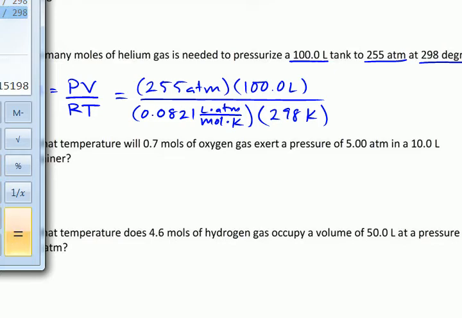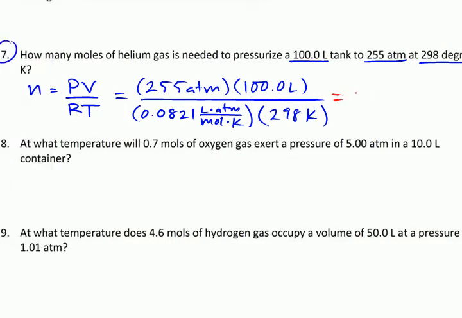And we get 1,042 moles of helium. You should see that Kelvin crosses out, liters cross out, and atmospheres cross out, and you get a unit in moles.